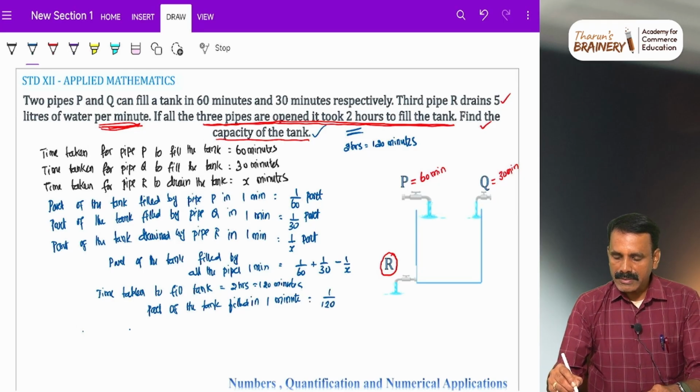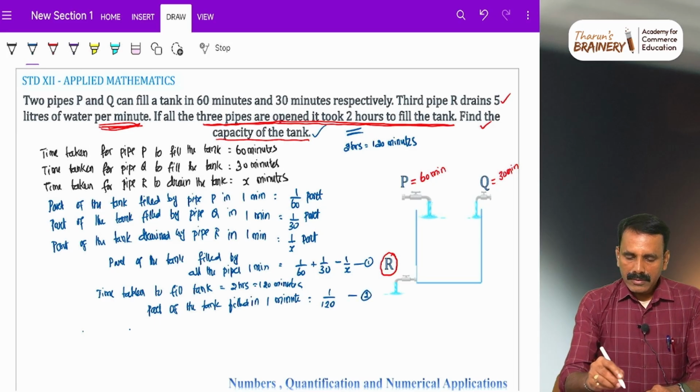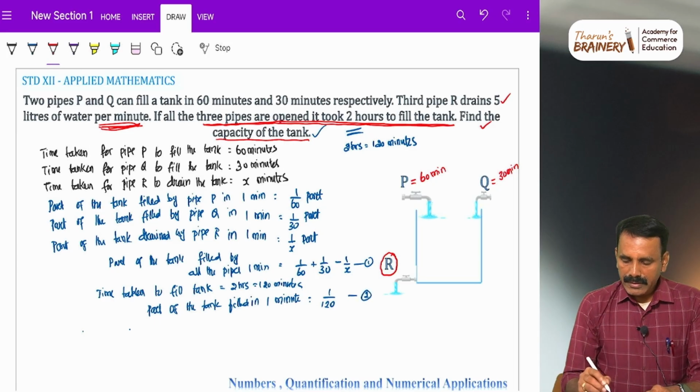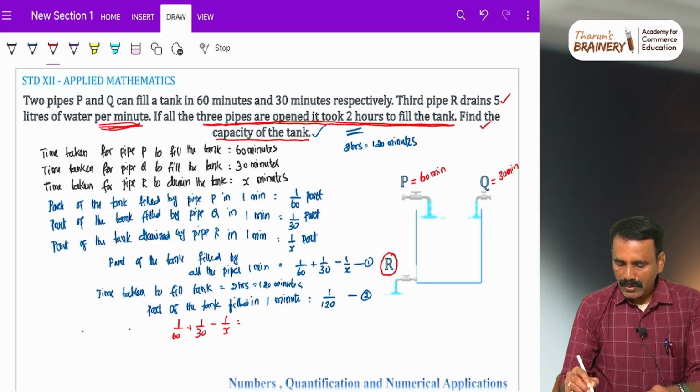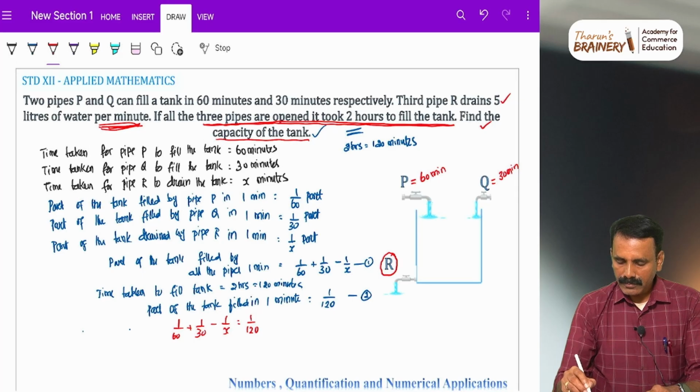So we equate the first equation and this second equation. So we get 1 by 60 plus 1 by 30 minus 1 by x is equal to 1 by 120, which implies minus 1 by x is equal to 1 by 120 minus 1 by 60 minus 1 by 30.